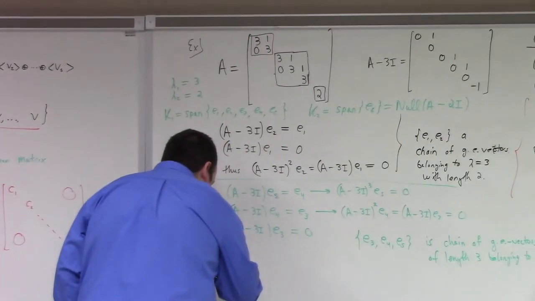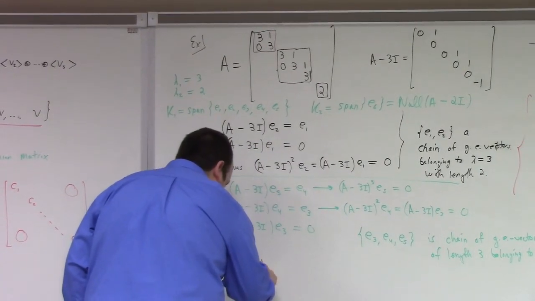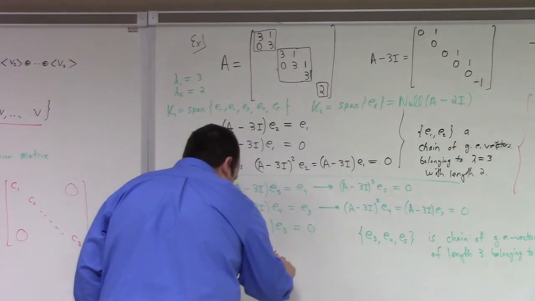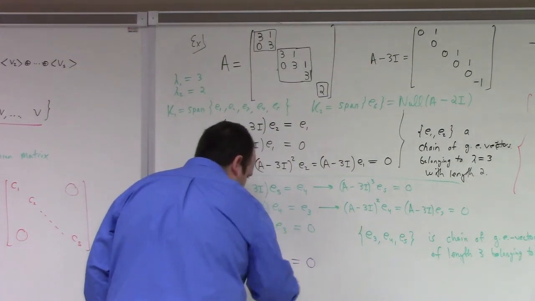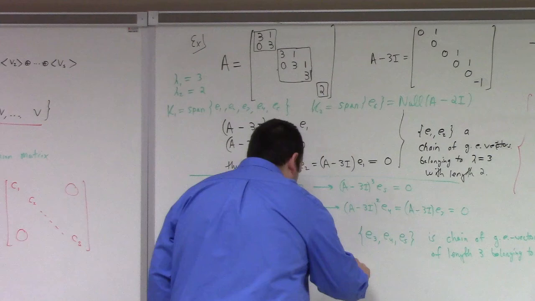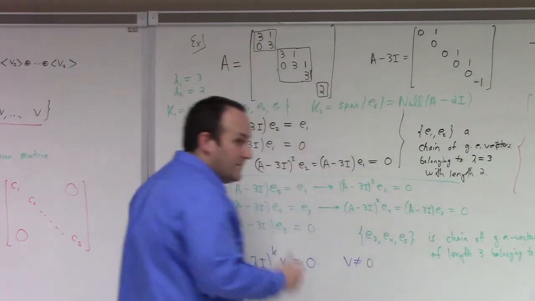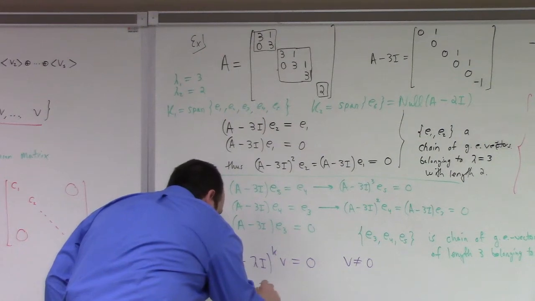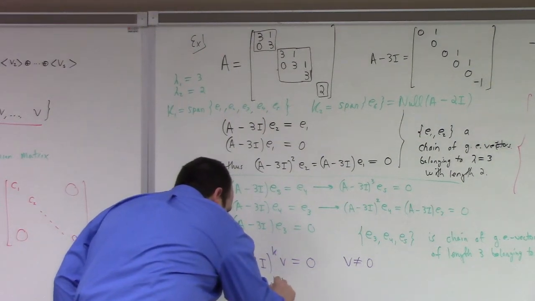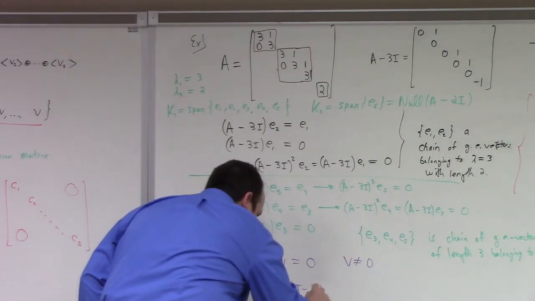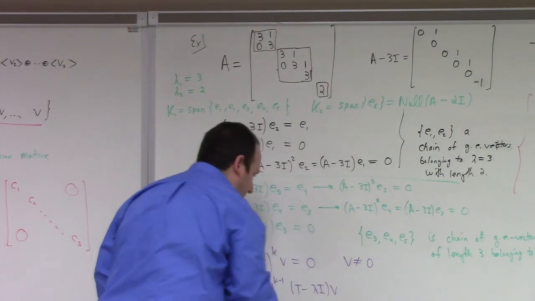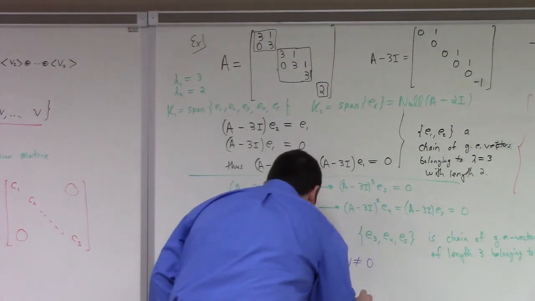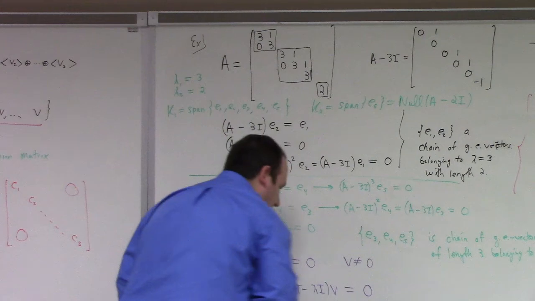Like if I have that (T minus lambda I) to the k times v is equal to 0, where v is not equal to 0, what does that tell me? That tells me that I can look at (T minus lambda I) to the k minus 1, times (T minus lambda I) times v, and that will be equal to 0, right?